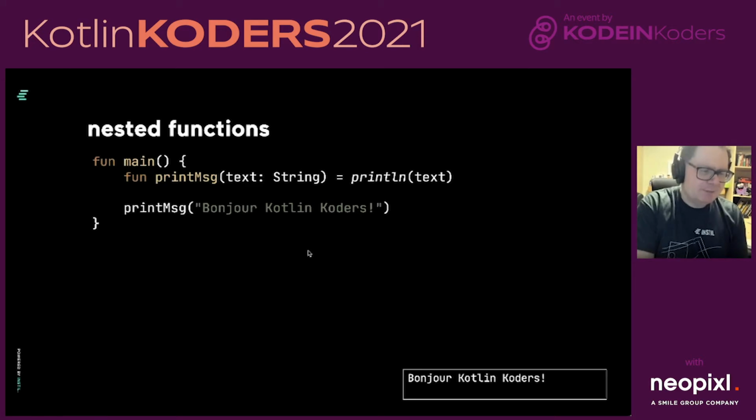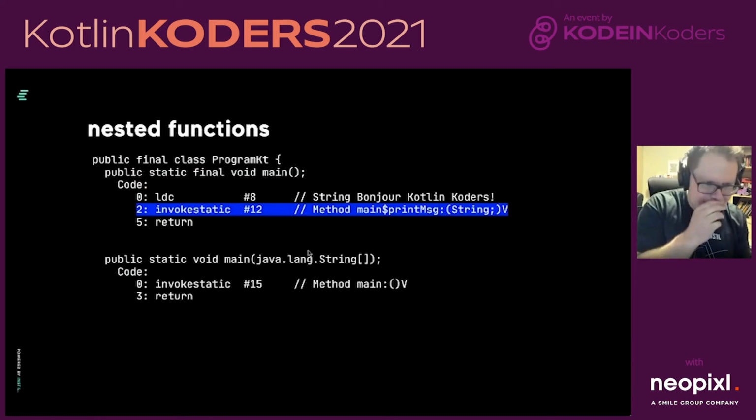So let's make it a little bit more interesting. Let's say we nest it. Okay, so let's say print message is only called within main. Then the best thing to do would be to nest the functions, and that's another wonderful thing that we get from Kotlin. Yeah, this is actually the only feature in JavaScript that I like, the ability to nest functions. That's where I first met it. So what does the decompiler do with that? Again, we get two versions of main.